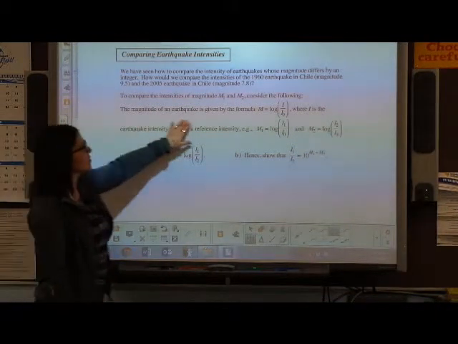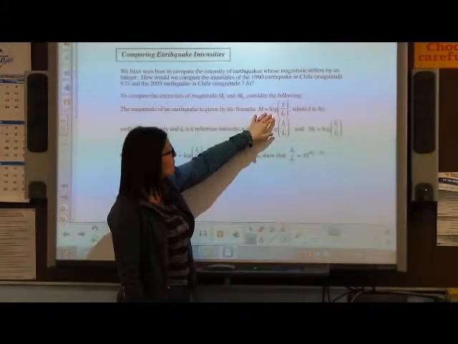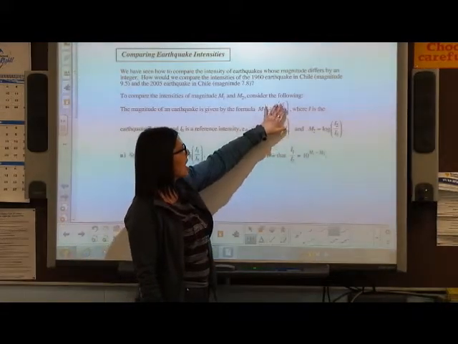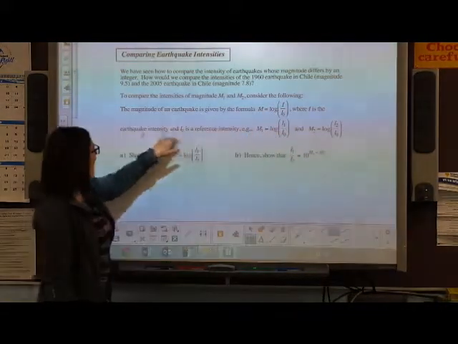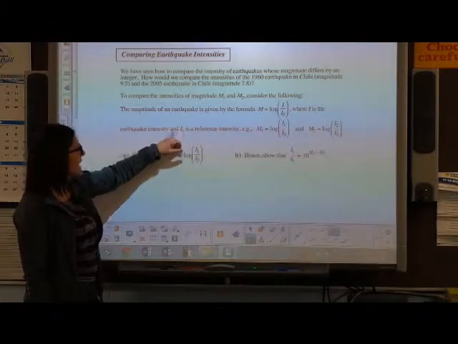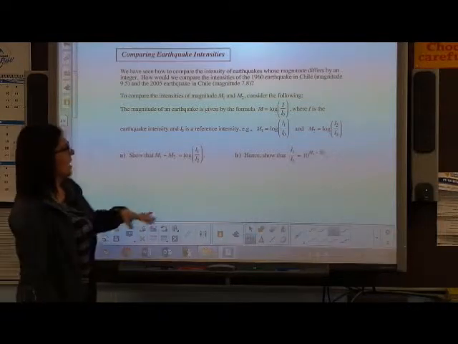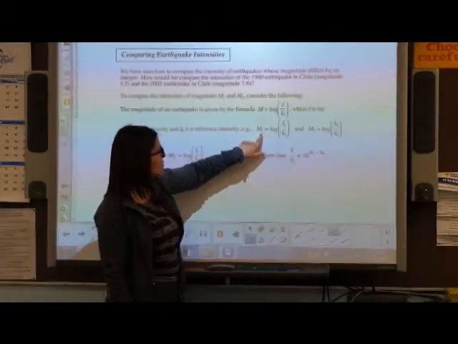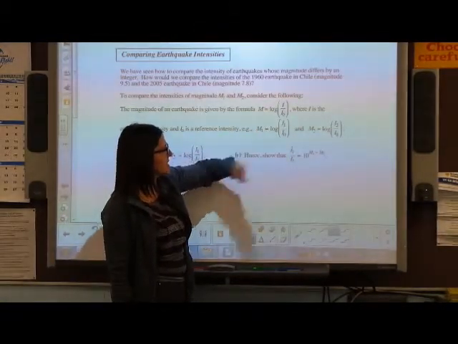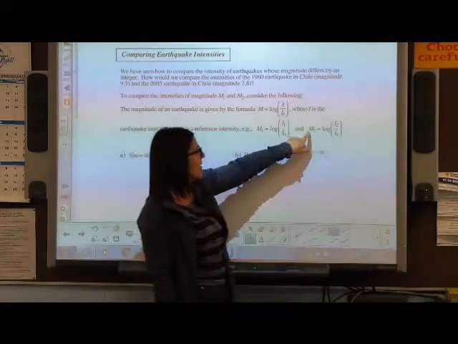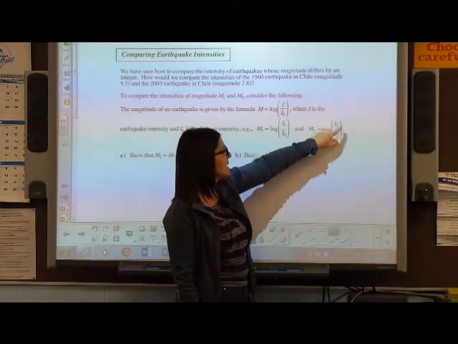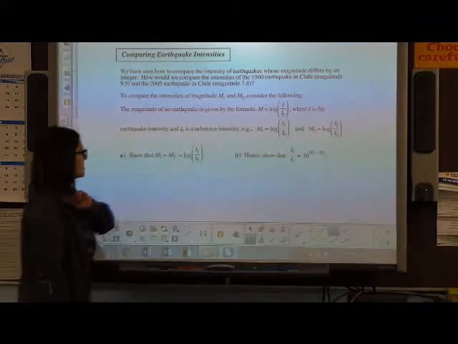The magnitude of an earthquake is given by the formula M equals log of I over I0, where I is the earthquake's intensity and I0 is the reference intensity. So the magnitude of the first earthquake is the first intensity divided by the reference, and M2 is the second intensity divided by the reference.